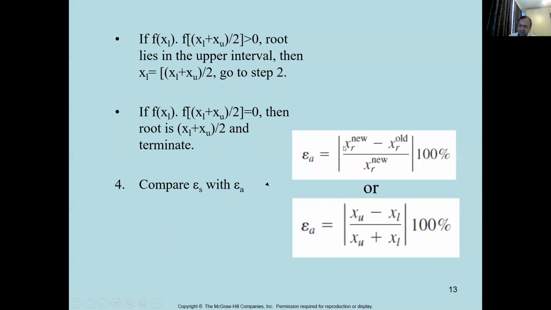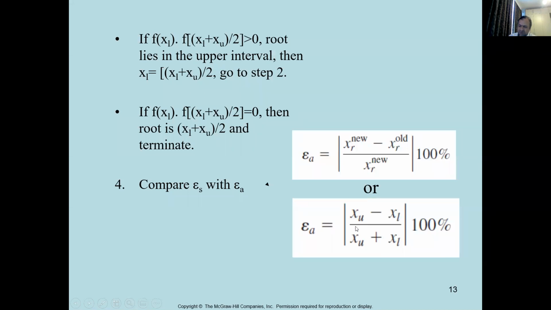That is, xr is the new approximated root, and we have to subtract the old approximated root from it. However, in the second formula we can just take xu and xl, and we can determine this absolute error right from the first approximation.